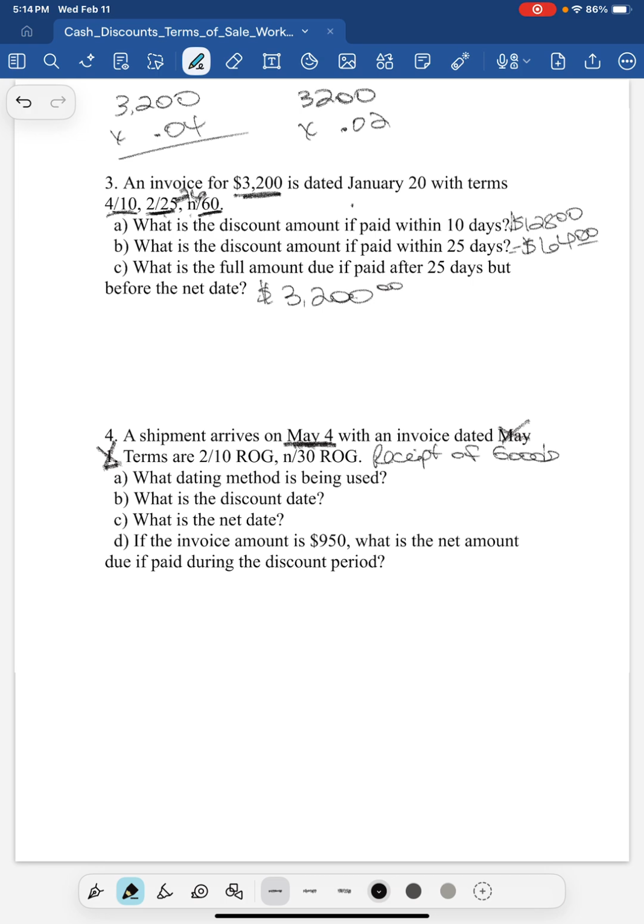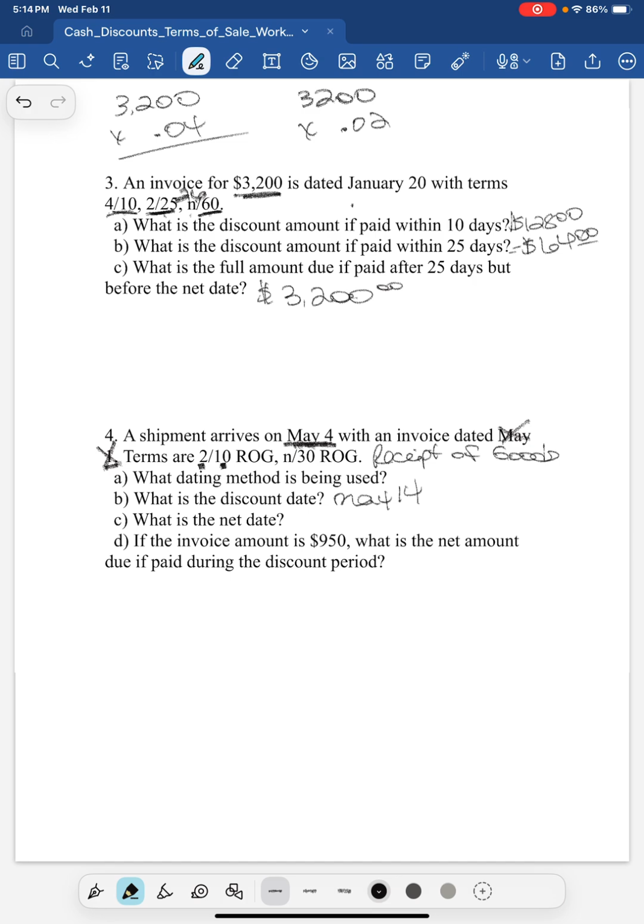So this arrived on May 4th. So that's the dating method that's being used. So what is the discount date? So you get 2% discount if within 10 days. So 10 days from May 4th is going to be May 14th. And then the net date, you have 30 days. May is a 31-day month.